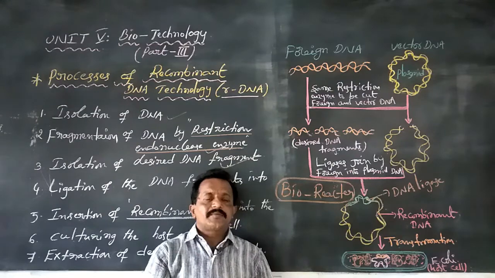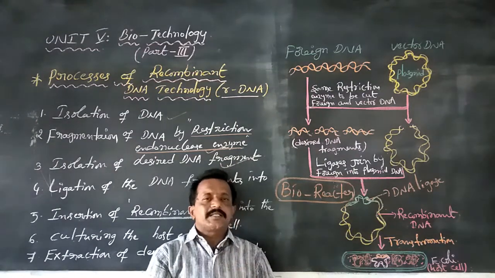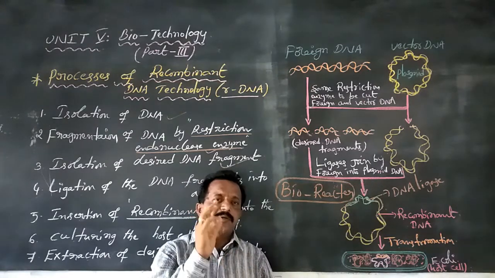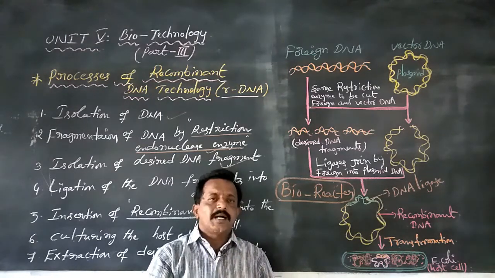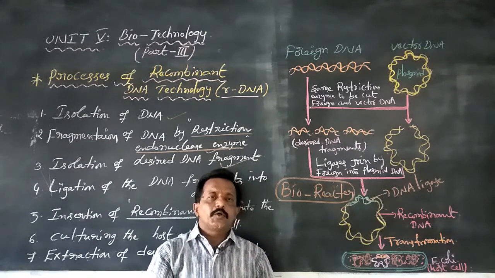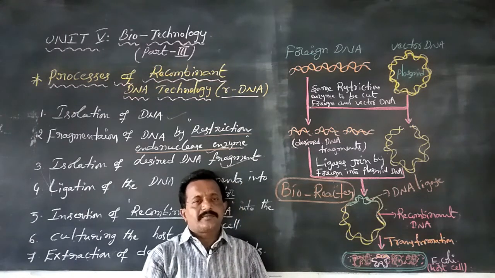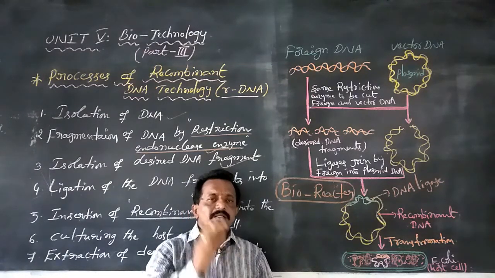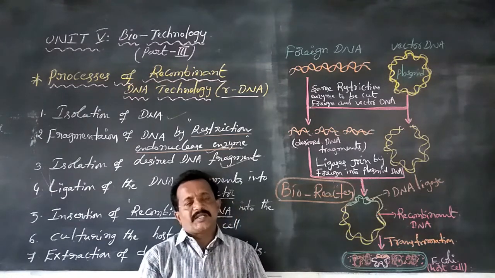This bioreactor provides optimum growth conditions: optimum temperature, optimum oxygen, optimum pH, optimum salt, optimum vitamins. So the most powerful bioreactor is the circular sterile type of bioreactor.